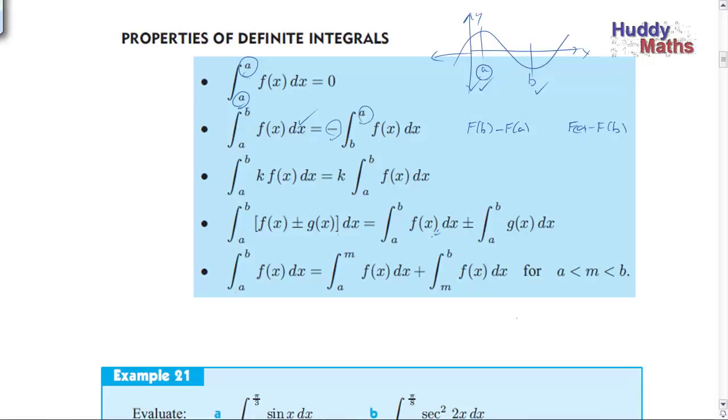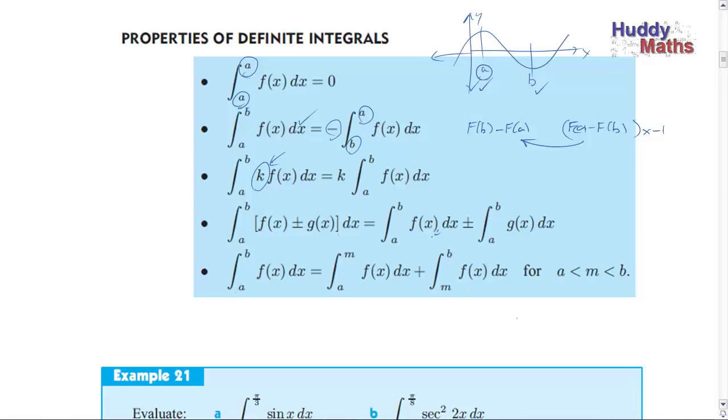Thinking about this going the other way around, if you multiply this by neg 1, you do get that. So that's a simple one there. And if you have k times a function, go back and look at the first principles definition of the derivative, k comes out the front of that process, doesn't it? And so the integral of k times the function is k times the integral, as it is with the derivative.